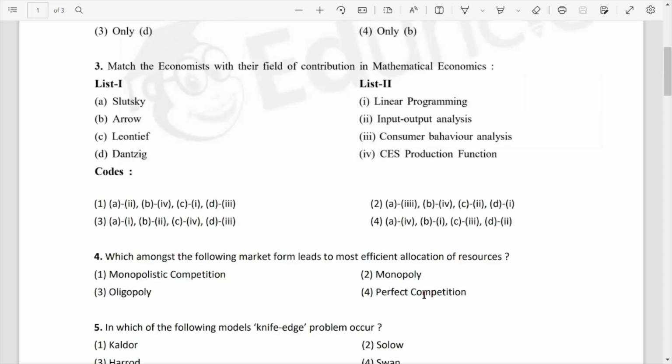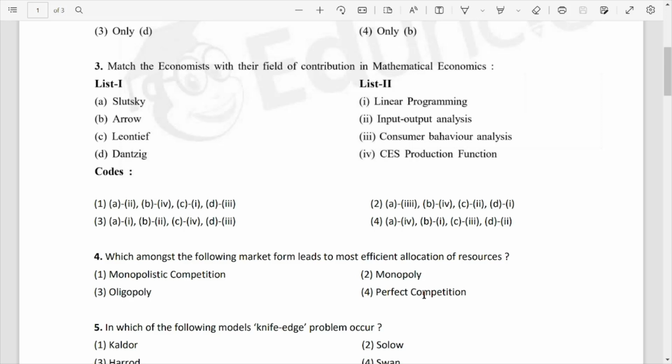Every economy has limited resources as against unlimited wants, so they have the problem of scarcity. So they need to use the resources in the most efficient way to fulfill the maximum wants.